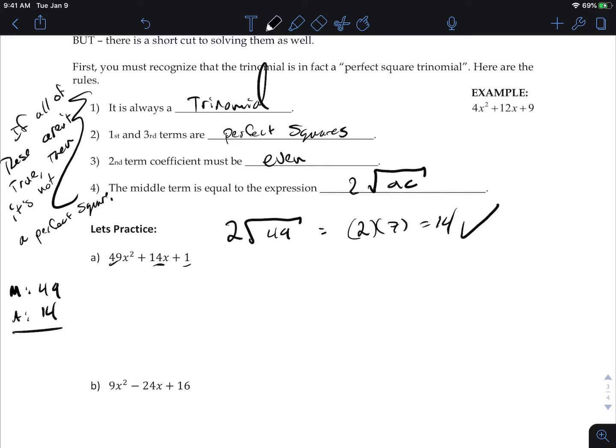So the two numbers are the same. The two numbers that work here are 7 and 7. That's a special circumstance. That only happens for perfect square trinomials.